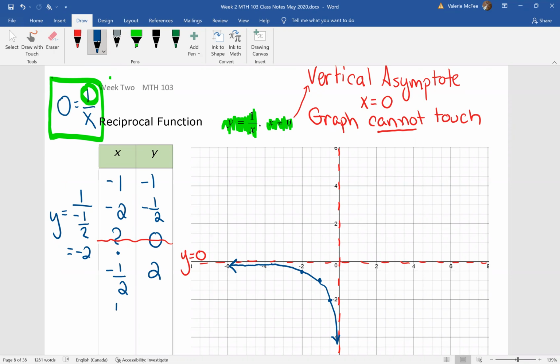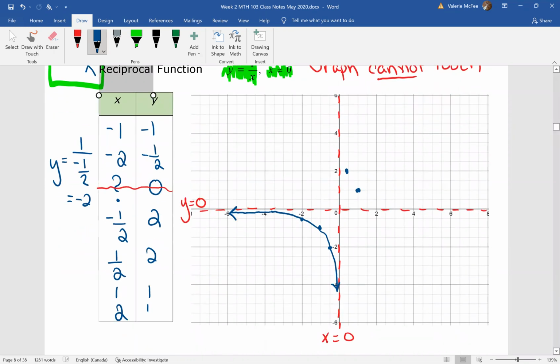When x equals +1/2, we're going to have +2. X equals 1, +1. X equals 2, 1/2. So in both cases, getting closer and closer, but not touching our vertical asymptote, and then here, getting closer and closer, but not touching our horizontal asymptote.